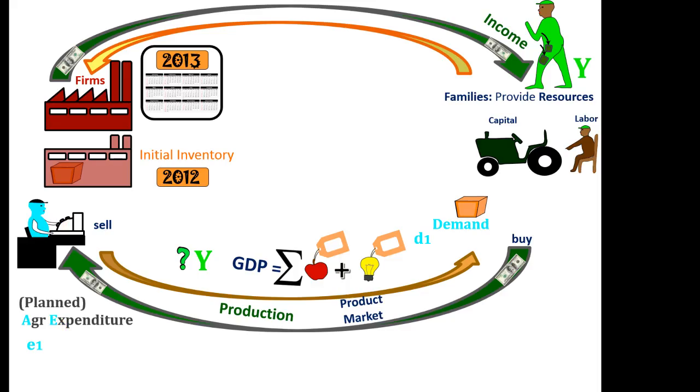And in order to keep the initial level of inventory, the firms produce one additional box of goods and services, and we are going to denote the production of this box Y1. Finally, the $100 that the family pays ends up in the pocket of somebody, and it has exactly the same value as Y1, so we're going to call it Y1.